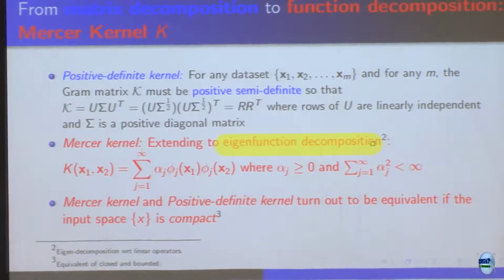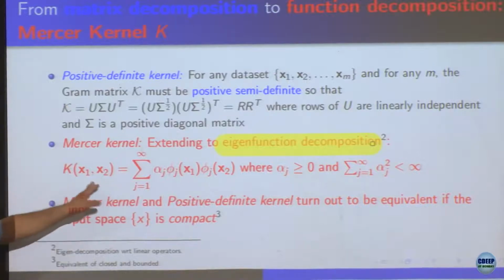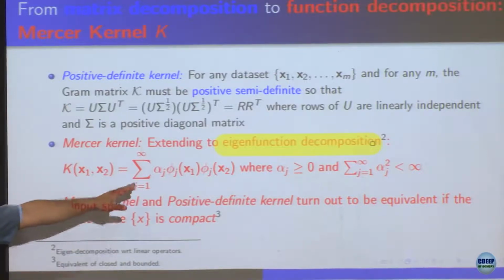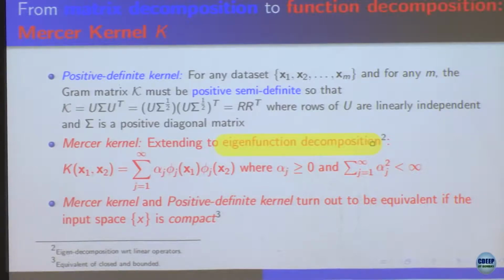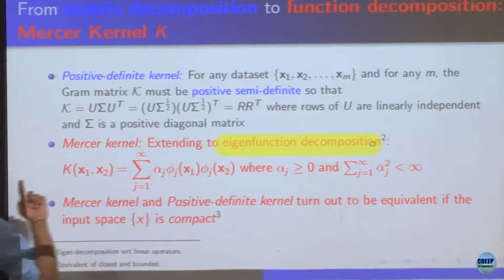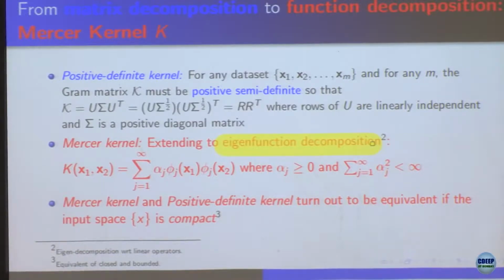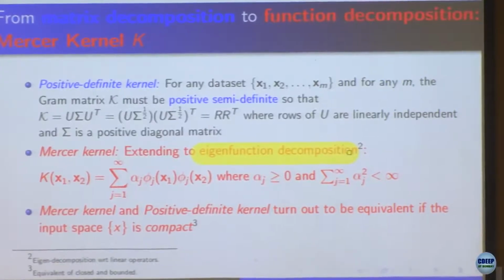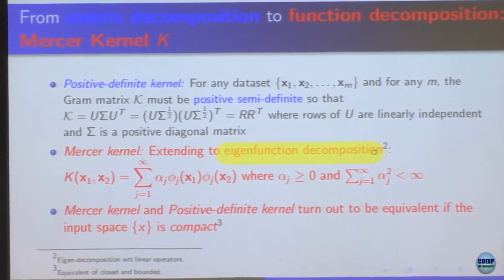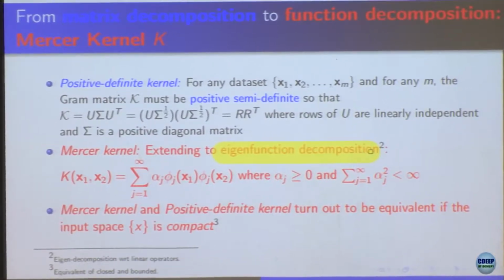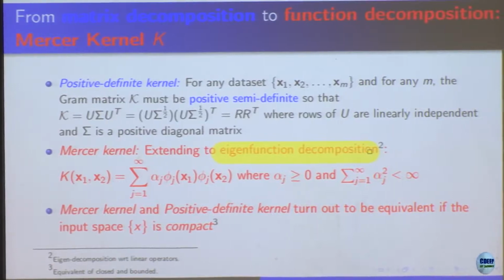So K(x1, x2), you can show that it is of the form sum over j of alpha j times phi j(x1) phi j(x2), where the j indices could potentially go to infinity, which means there are countably infinitely many indices, and the alpha j's are all greater than 0. Okay, so that's the analogy. Alpha j greater than 0 is the analogy of the eigenvalues.